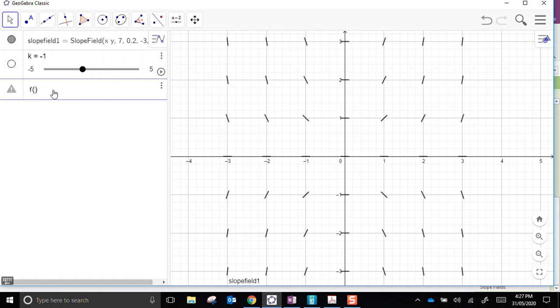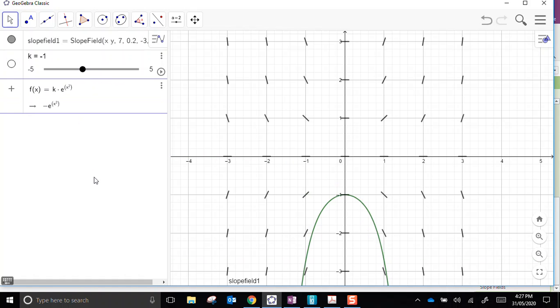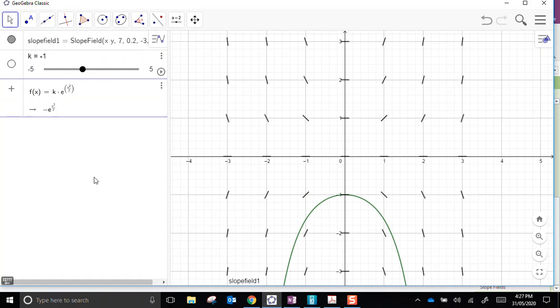Now we'll have our function of x, which equaled the constant k multiplied by e to the power of, we'll use some brackets, x squared over 2. Now, I happen to have k equals -1, and there we go. There's our particular solution if k equaled -1.